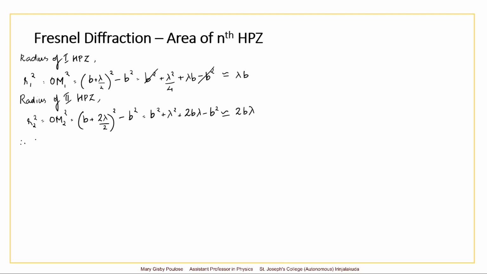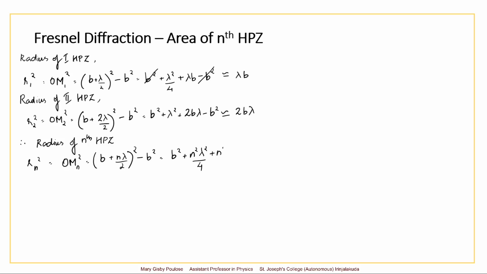Therefore, the radius of the nth half period zone is obtained from rn square is equal to OMn square, that is equal to b plus n lambda by 2 the whole square minus b square. This is equal to b square plus n square lambda square by 4, plus nb lambda, minus b square, and this is approximately equal to nb lambda.